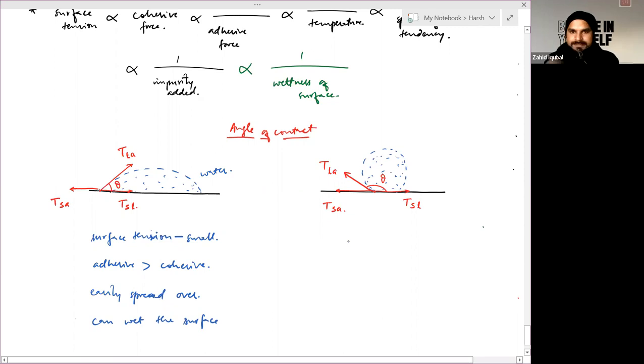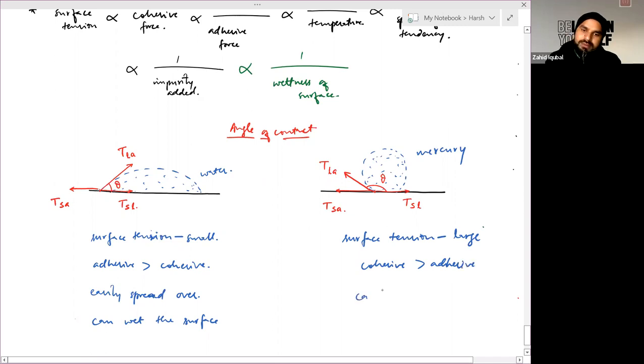But in the second case, for mercury, since its surface tension is large enough, it will have a stronger force of cohesion as compared to adhesive force.